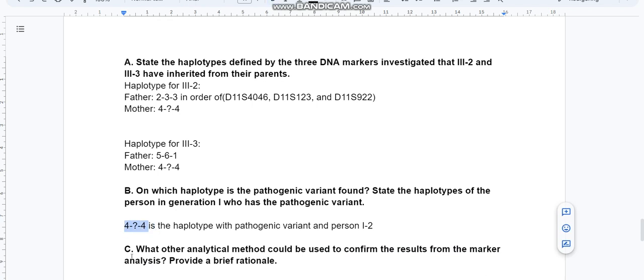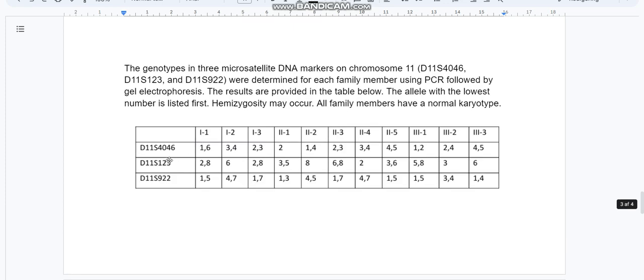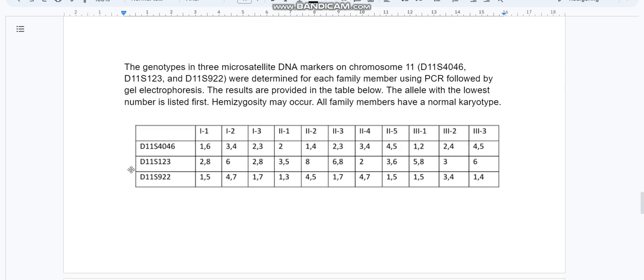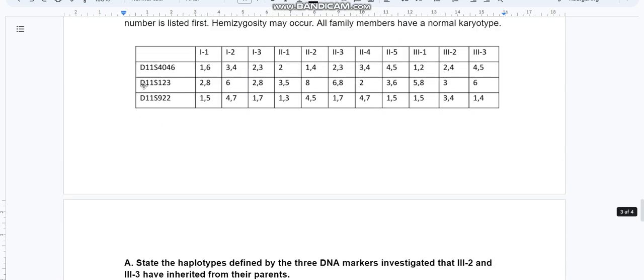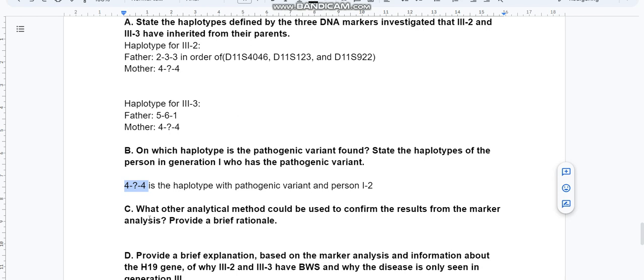And so of course if there is a deletion, and specifically a deletion within D11S123 here, then you're having a deletion here, and so you can utilize FISH to verify the answer.